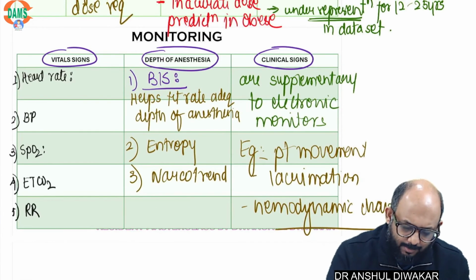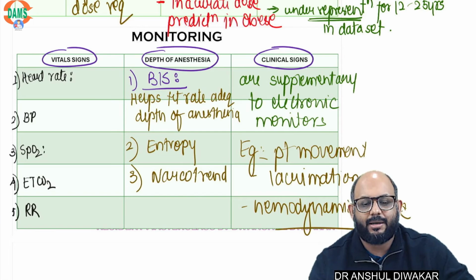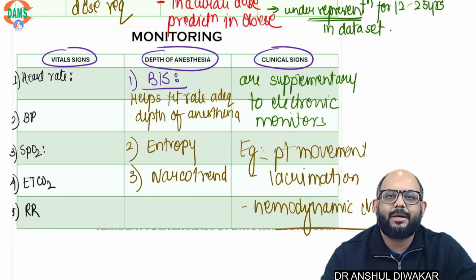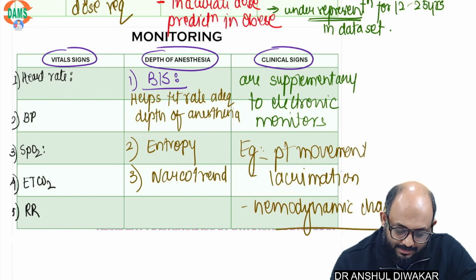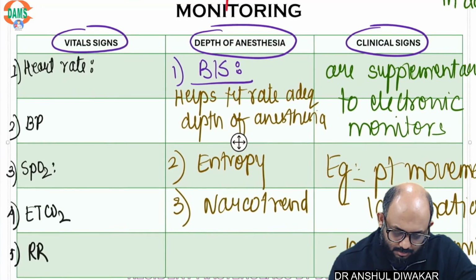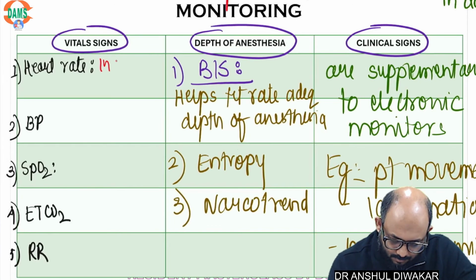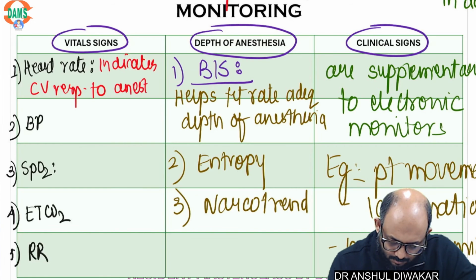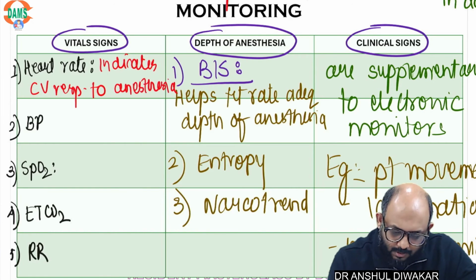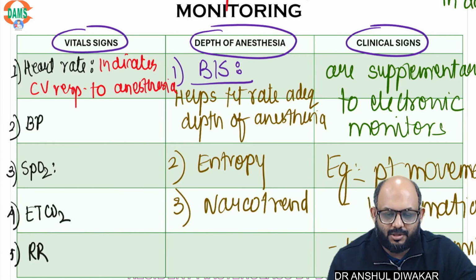Now we know the interpretation, but we'll just complete it by writing what heart rate will tell us. It will indicate the cardiovascular response to anesthesia.